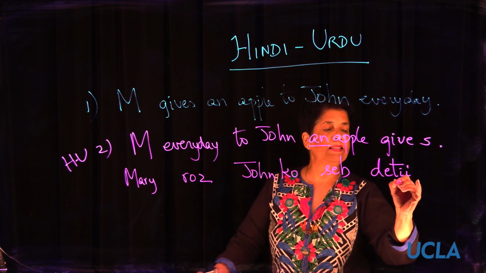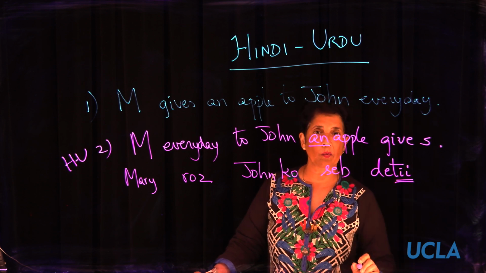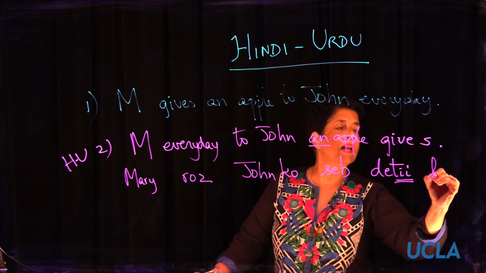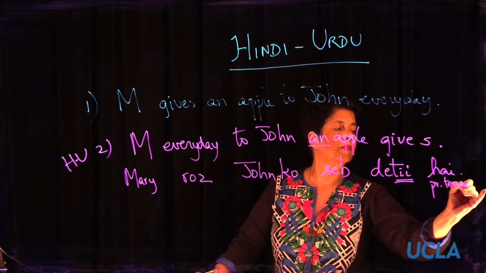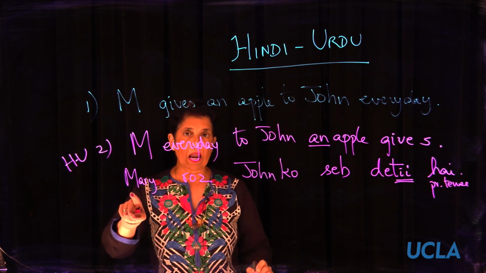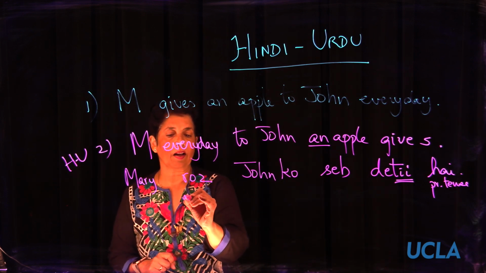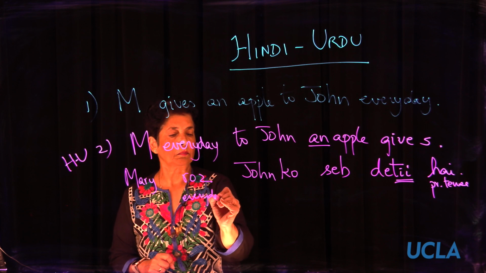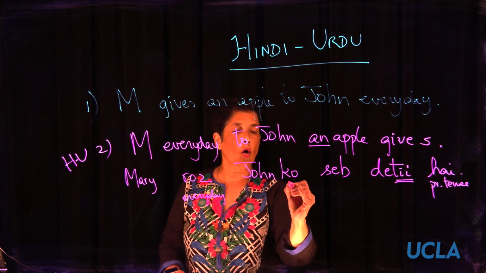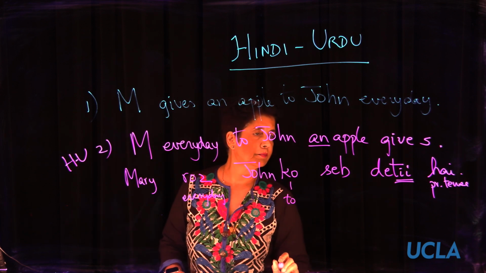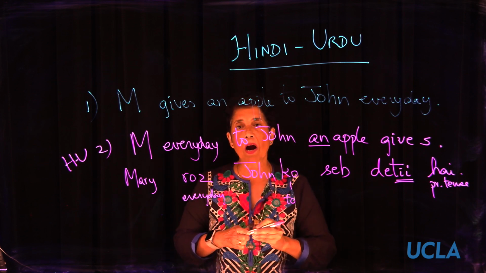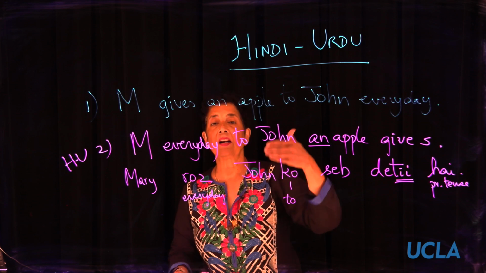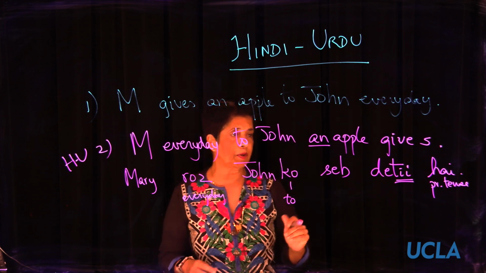We get deti because it's agreeing with Mary. And then we get the present tense marker, which is hai. So Mary, Rose is every day. John ko means to, marks a recipient. To marks a recipient. Similarly, ko marks a recipient.